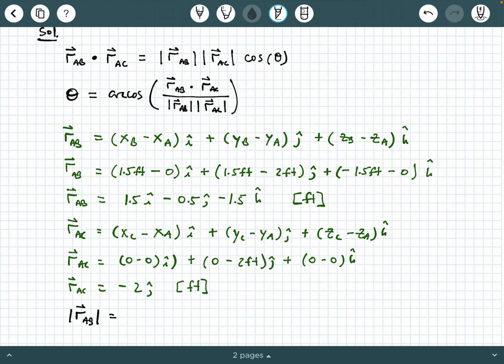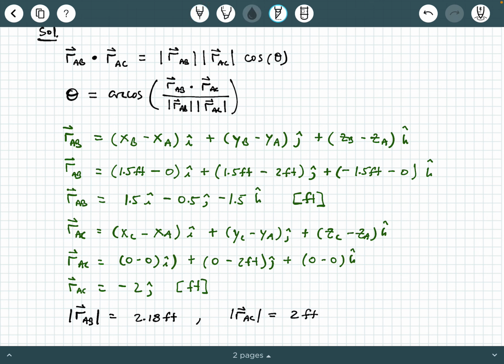Hopefully we're comfortable with executing the Pythagorean theorem. We're going to say 1.5 squared, add that to 0.5 squared, and then add that to 1.5 squared again, square root all of that, and you should get a magnitude of 2.18 feet. And then, of course, if I want the magnitude of R_AC, that's just going to be 2 feet.